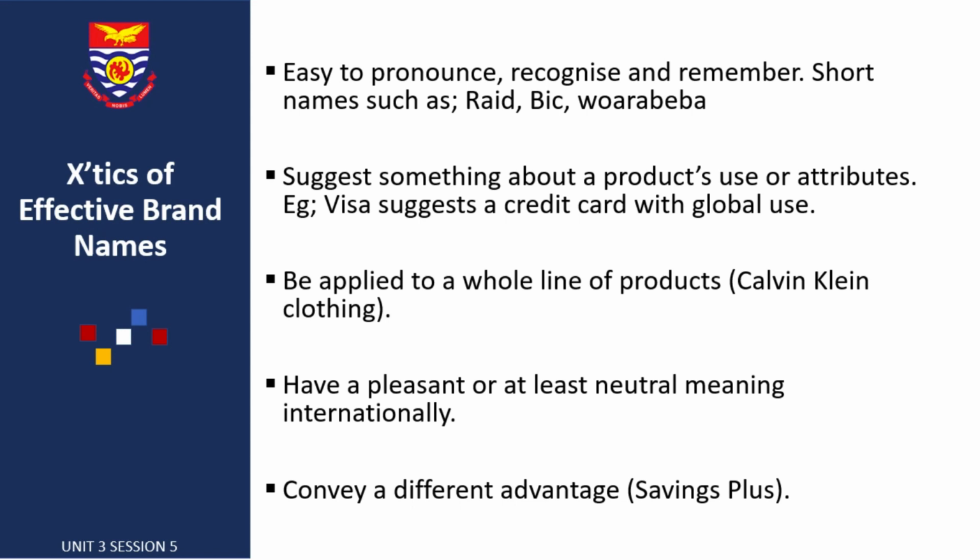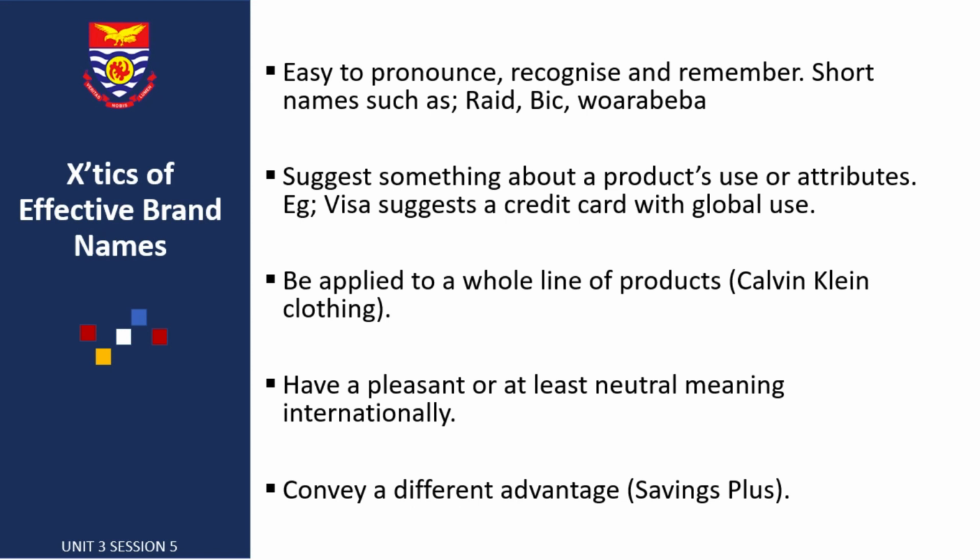Suggest something about a product's use or attributes in choosing a brand name. Visa card suggests that the card could be used globally. Also, one effective strategy is that the brand name should be applied to a whole line of products, so it is good to choose a family brand. It should have a pleasant or at least neutral meaning internationally.